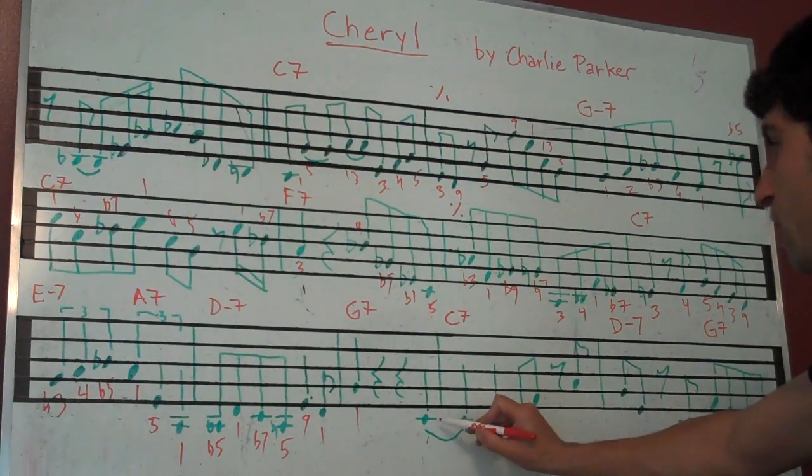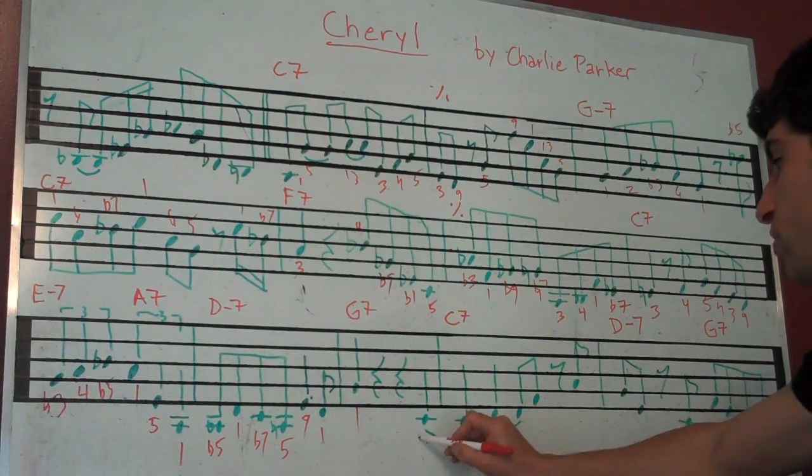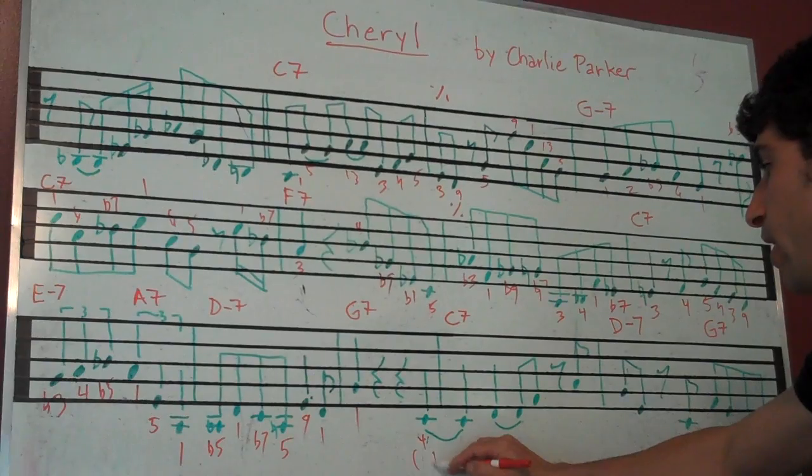This is like another. He's approaching this chord, C7, and he's playing a beat in front of it. So you could call this 4 of this chord, or 11, right?